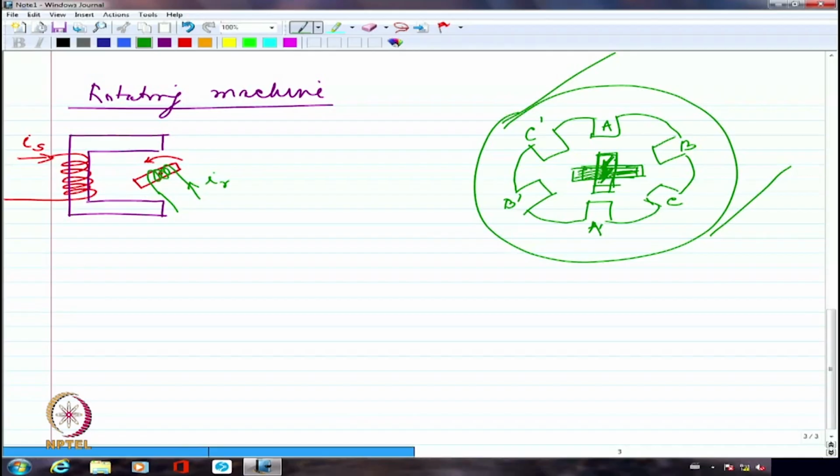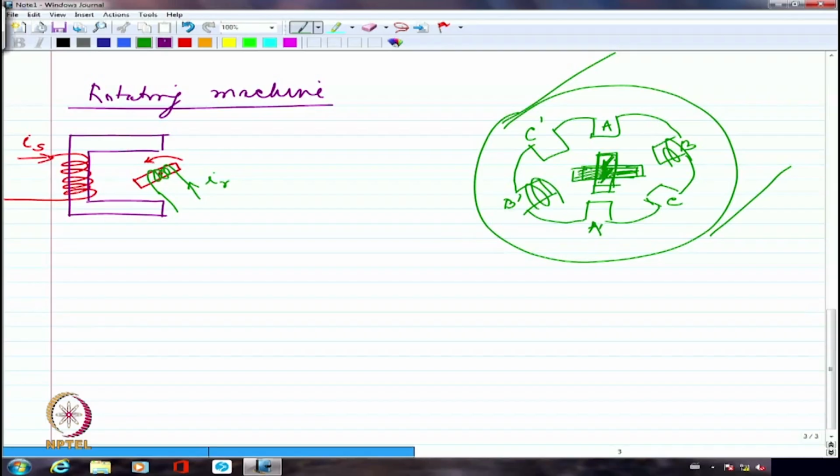So what I may do is, let us say I start off with exciting B and B dash. I will have windings around each of the stator poles. So if I excite B and B dash, the natural tendency of any magnetic system will be to minimize the reluctance.